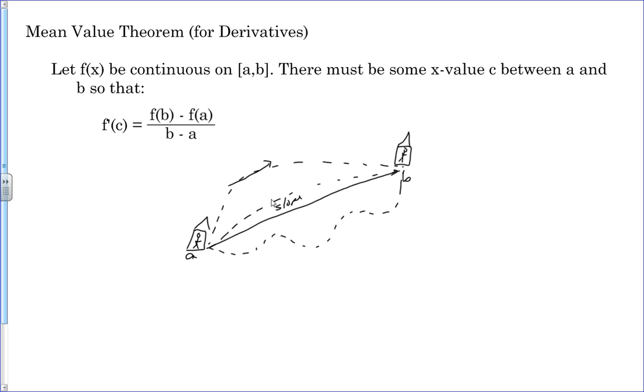It doesn't matter which path you take. Somewhere between A and B, your f prime of c is going to equal the same thing as if you had taken a straight shot. And this one's going to have multiples, because you can have that one there, that one there, this one here.